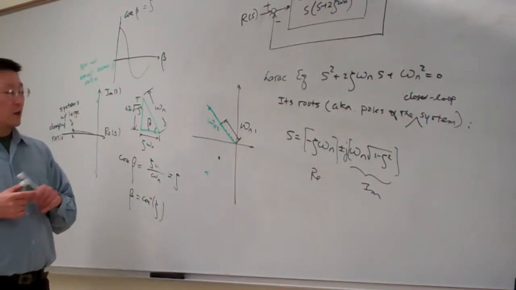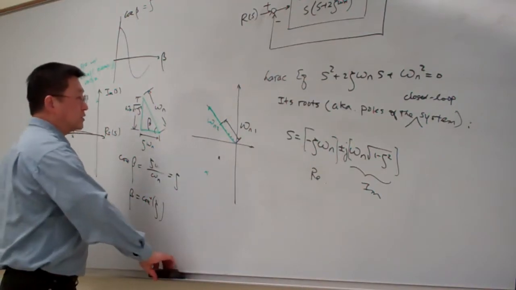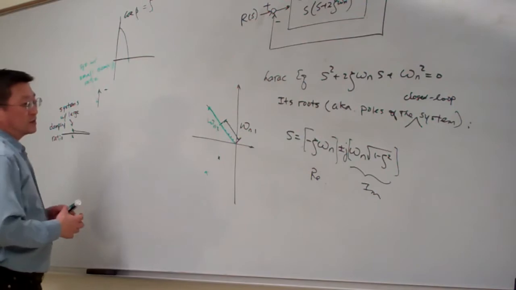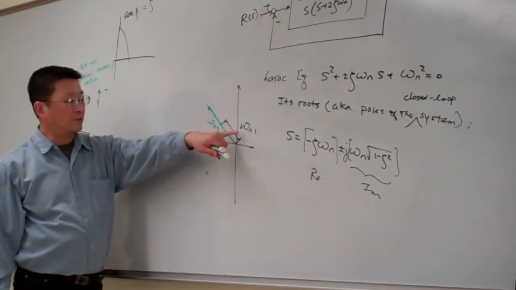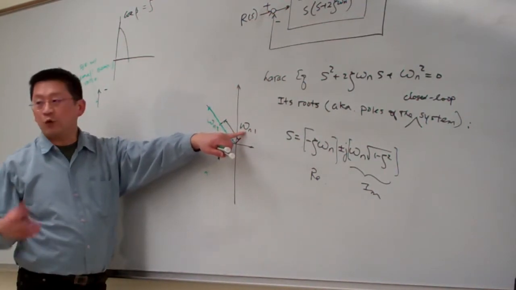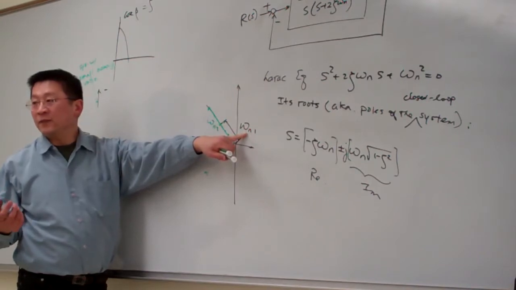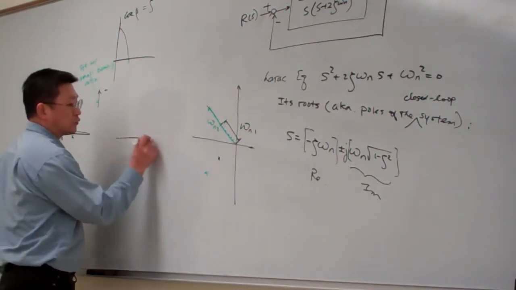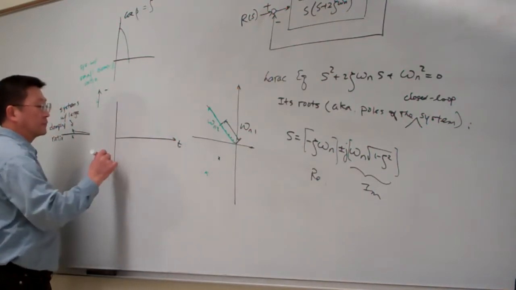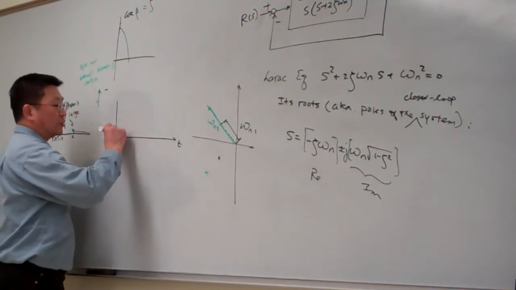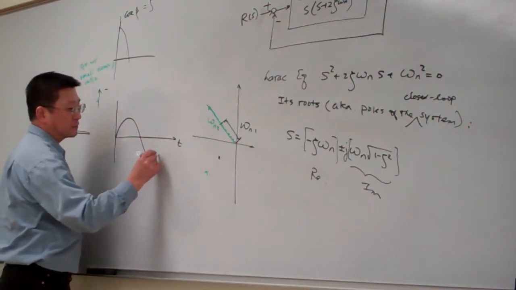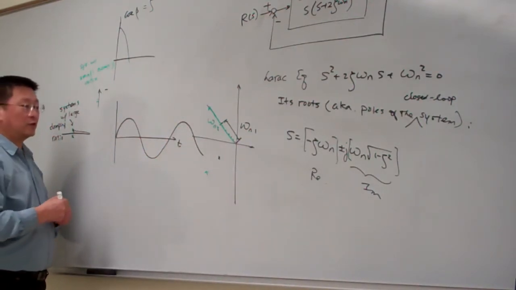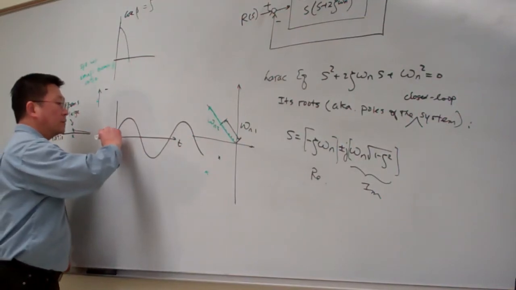Let me draw the comparison of their dynamic responses here. You can see the black system has a smaller value of omega, which means slower oscillation. So when we draw in the time domain, the black system will oscillate at a lower frequency compared to the green one.